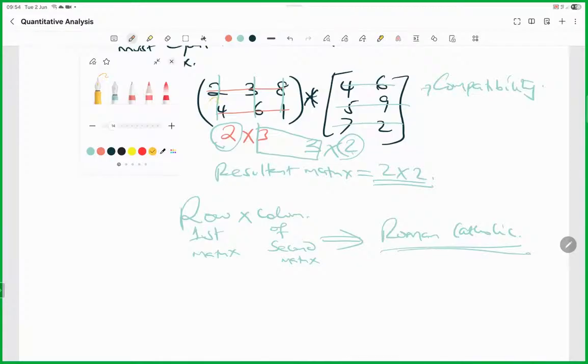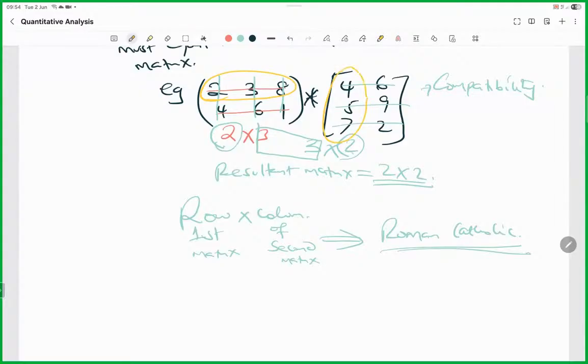The first row is this 2, 3, 8. We multiply the first row of the first matrix with the first column of the second matrix. Let's do the multiplication. Remember, it is Roman Catholic. It is this row with this column down.